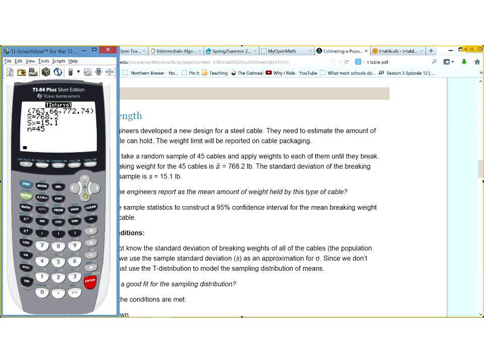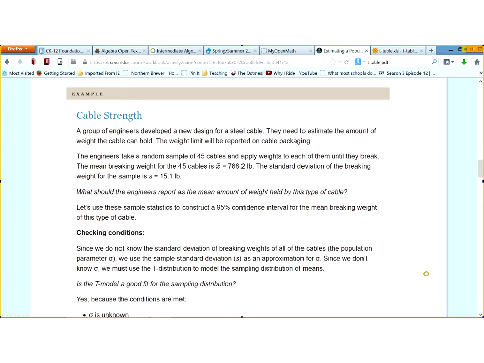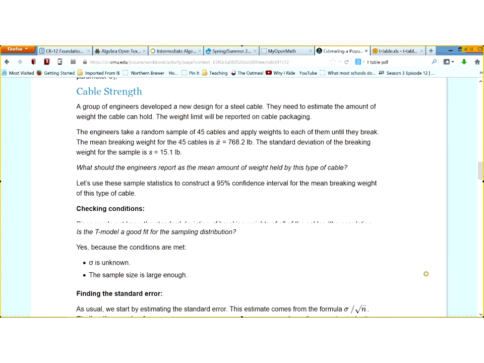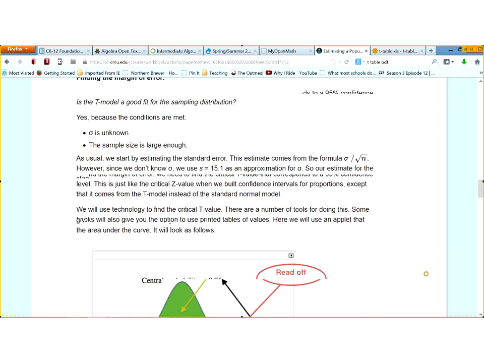So roughly my confidence interval, if I round, is about 763.7 pounds to 772.7 pounds. So we're 95% confident that the mean breaking strength is within that range. Okay. All right.